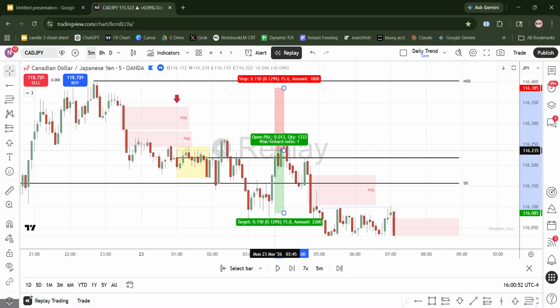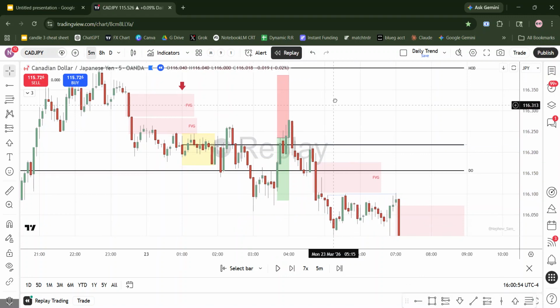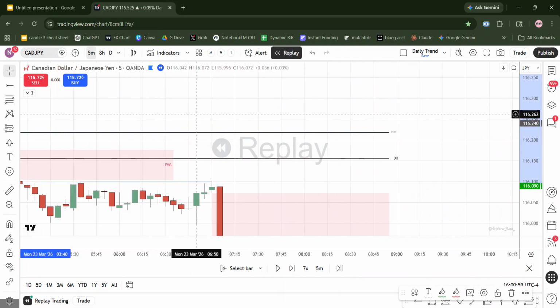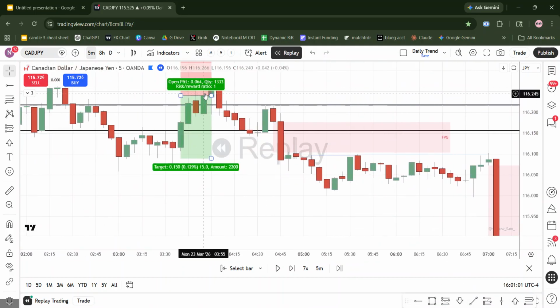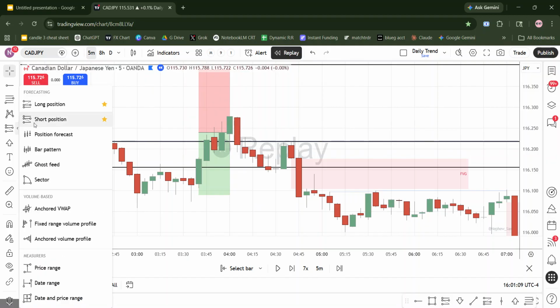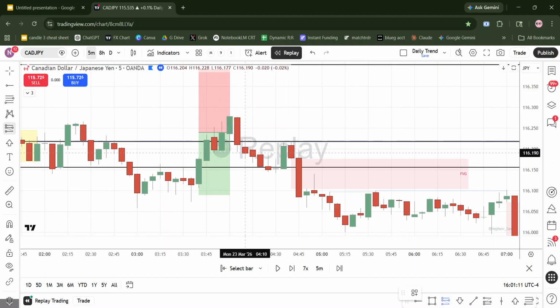And because of that retrace, let's just say you want to leave it open. Okay. Now, so we enter on this green candle right here. You would have had a little bit of drawdown here, and then eventually price closed here and then closed here. So let's just say your second entry would have been right there on this red candle.